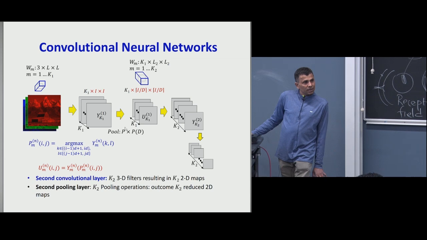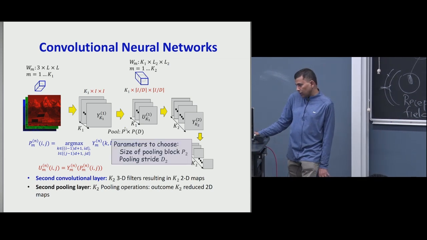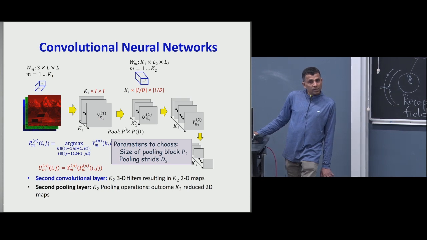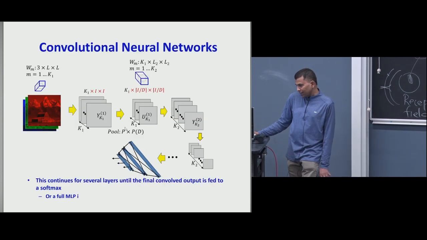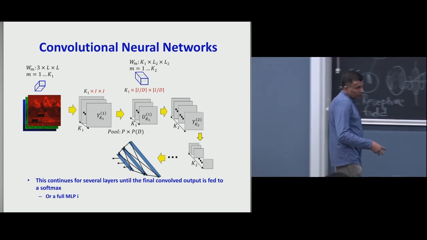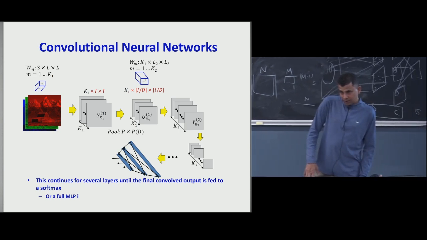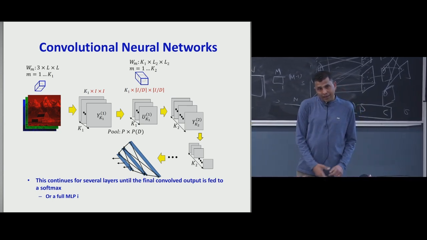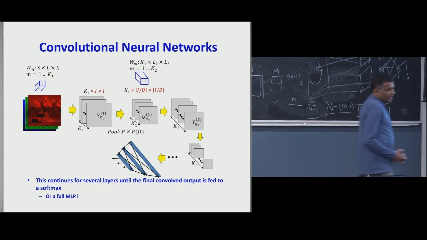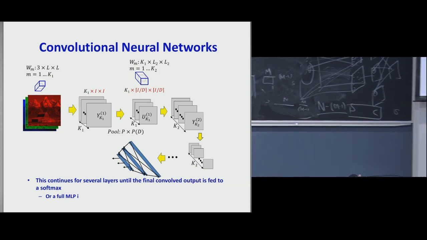And from these K2 channels, you can perform max pooling. Take the size down. Here again, you'd have to choose the size of the max pooling block and the stride. And then finally, eventually after several layers of these, you're going to get one collection of maps, right, channels. And then there's an operation which we will call flattening. This is just basically saying that I'm going to take this cube and lay it out as a single vector.